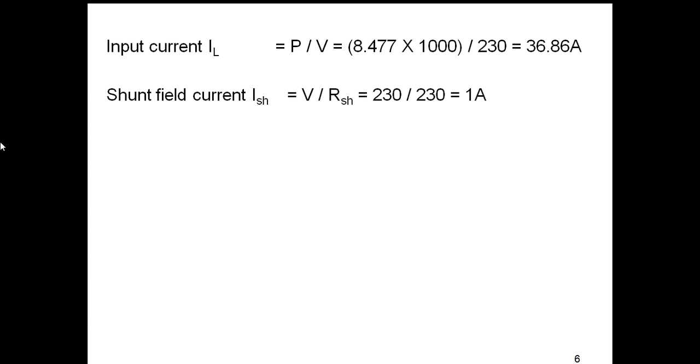And the shunt field current Ish is equal to V by Rsh. We know that V is 230 and also Rsh is 230. So 230 by 230 is 1 ampere.